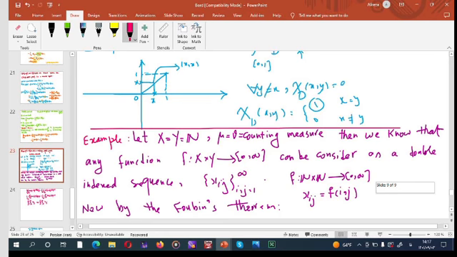Then we know that any function from X times Y equal to N times N to [0, infinity] can be written in this notation: f of i and j equal to x_ij.